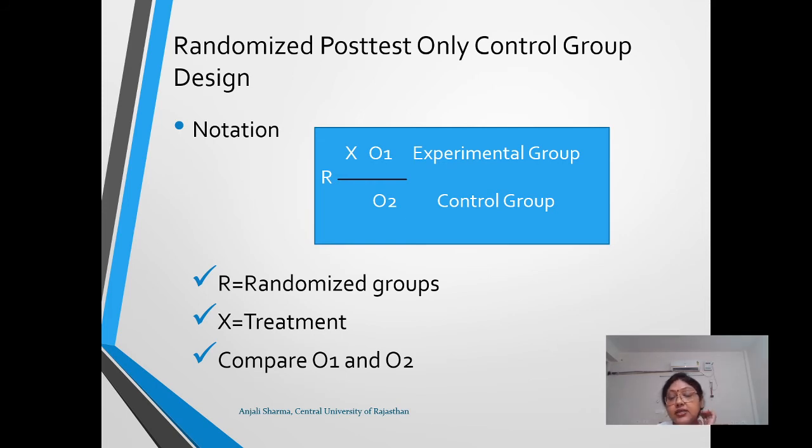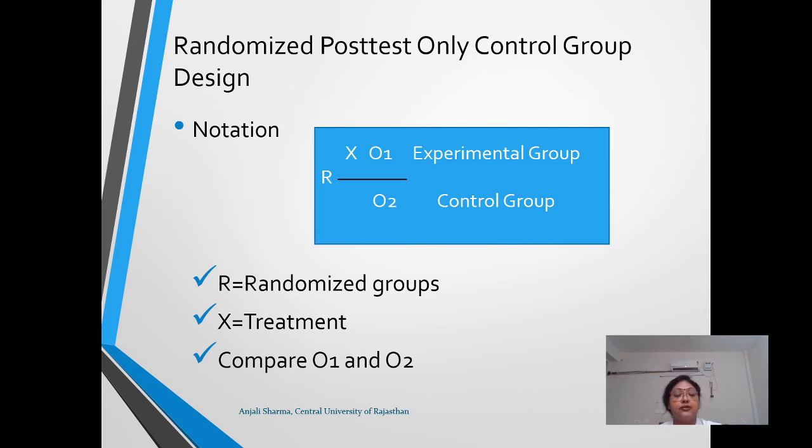R denotes randomization, because in experimental design randomization is mandatory, and to separate these two groups I put a continuous line between them. This continuous line shows that it is a randomized group, meaning random assignment of the units in both the groups is adopted.